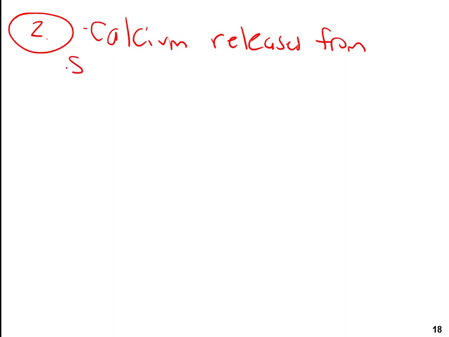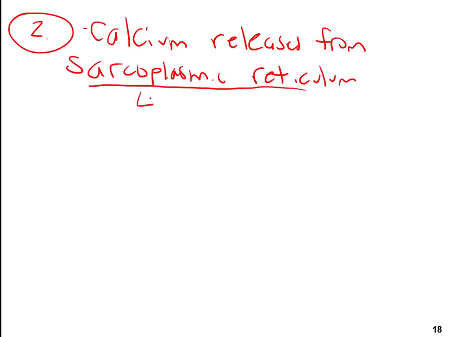The second step. Once your muscle has received that acetylcholine signal, the next thing that's going to happen is calcium is going to be released from your sarcoplasmic reticulum. Remember, the sarcoplasmic reticulum in the muscle stores calcium.